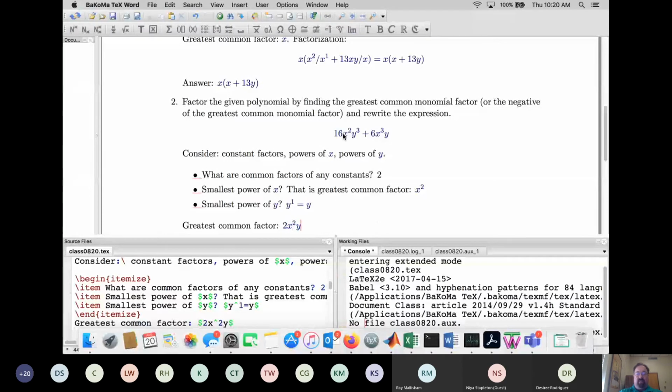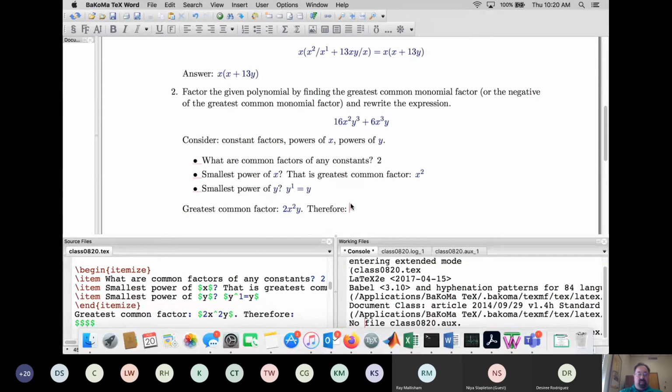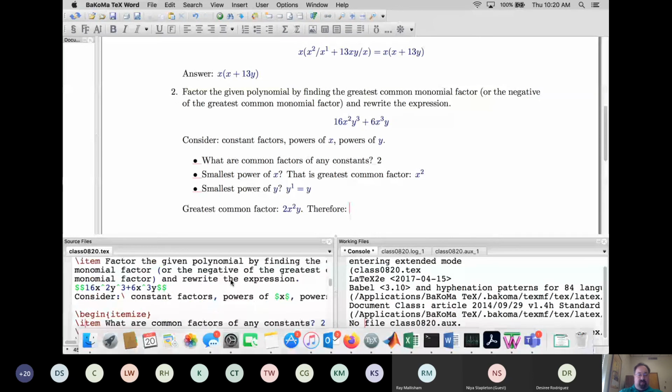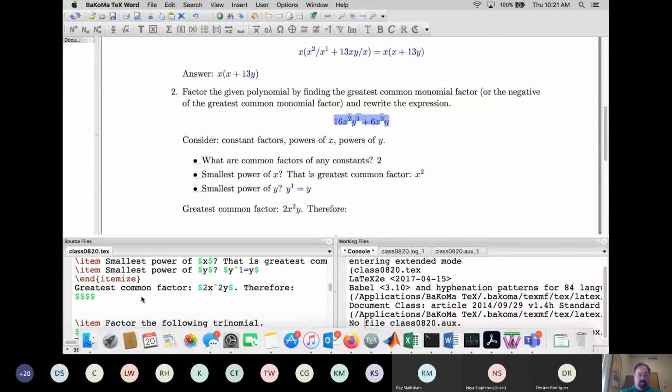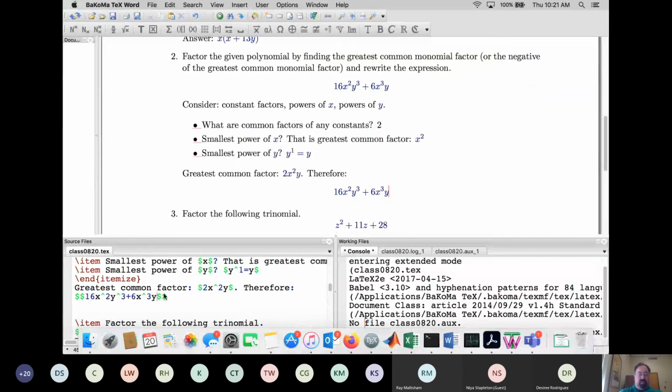So that is what can be factored out. Okay, so what does that give us? All right, so that would be equal to our factor.